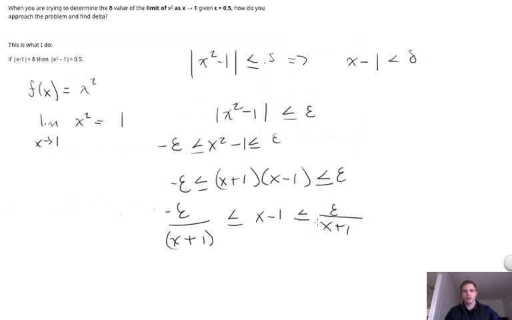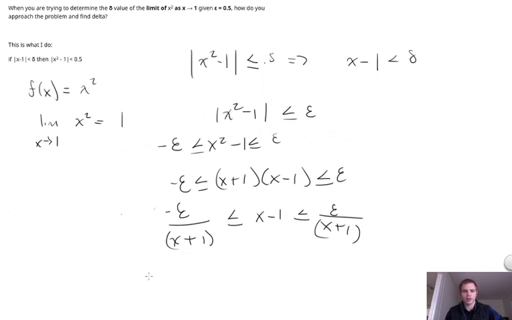And so since x is approaching 1, we can say that in all cases, this number will be less than epsilon, since x is positive, it's approaching 1.